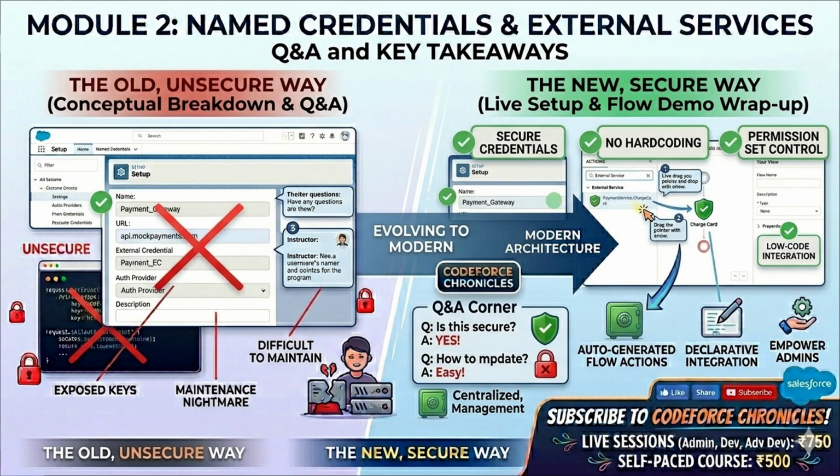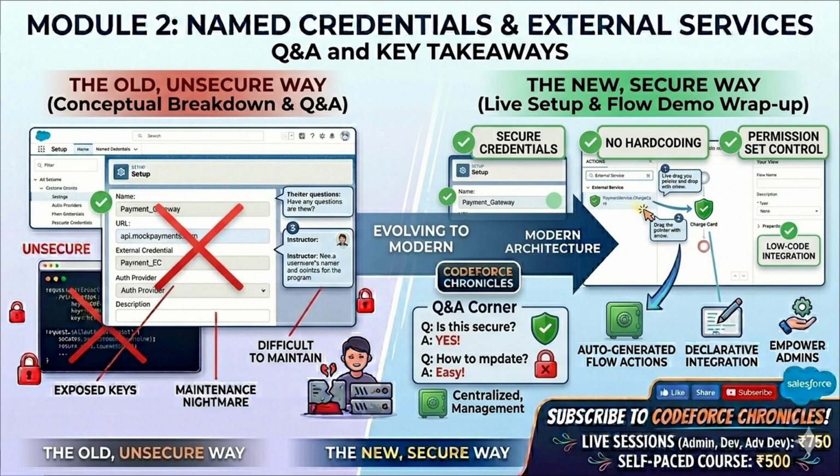Separation of concerns: developers write the application logic, while admins or security teams manage the API credentials and permissions. Empowering the business: by wrapping APIs in external services, developers unlock business analysts and admins to design their own automations.